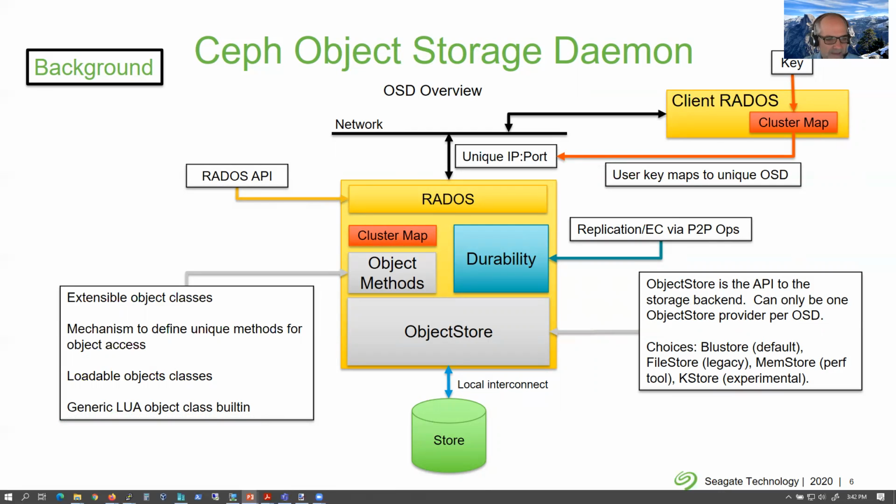There's the object methods. These are the extensional object classes that Skyhook uses to define new functionality as part of the access methods. That's all done at that level. There's durability. This is where replication and erasure coding happen via OSD to OSD operations. But in the back end is the actual object store itself.